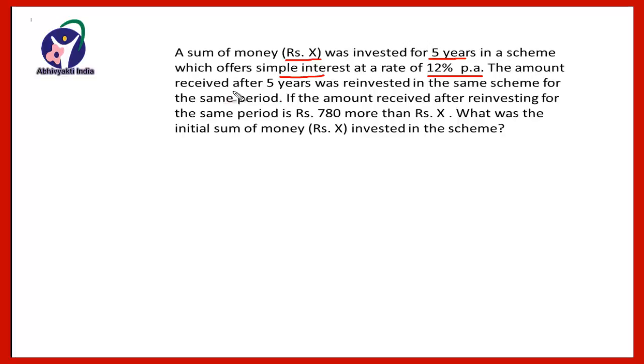The amount received after 5 years was reinvested in the same scheme for the same period. If the amount received after reinvesting for the same period is rupees 780 more than rupees X, what was the initial sum of money invested in the scheme?